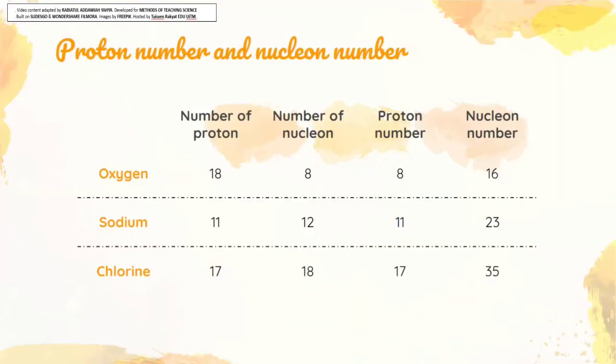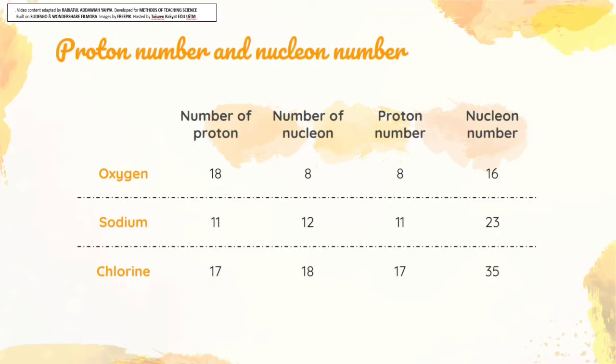Let's look at the table. As you can see, what is the relationship between the number of protons and proton number, and the relationship between the nucleon number and the proton number? The table shows the proton number and nucleon number of oxygen atom, sodium atom, and chlorine atom.